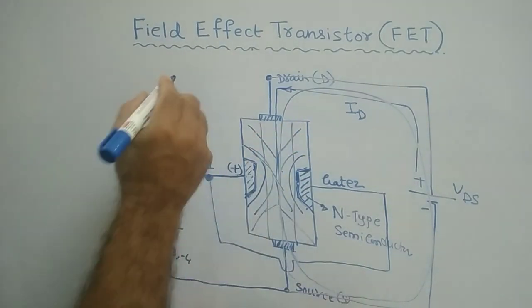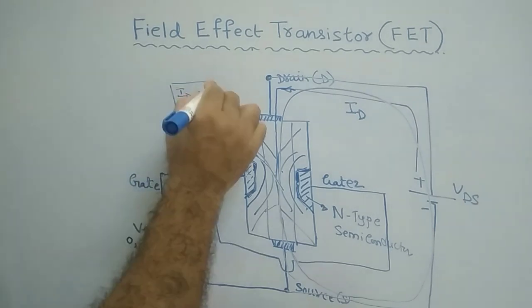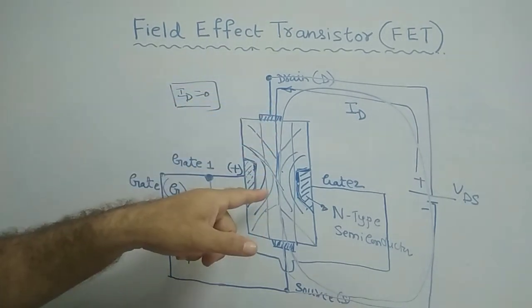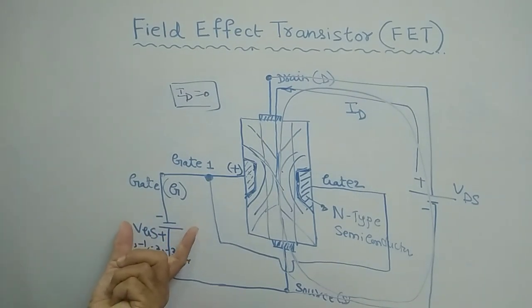Then you can say your ID will be 0. As you increase the gate to source voltage to a certain maximum value, your drain current becomes 0.